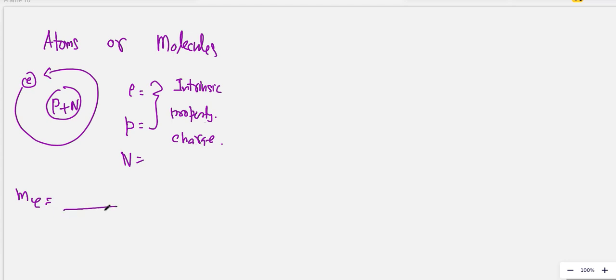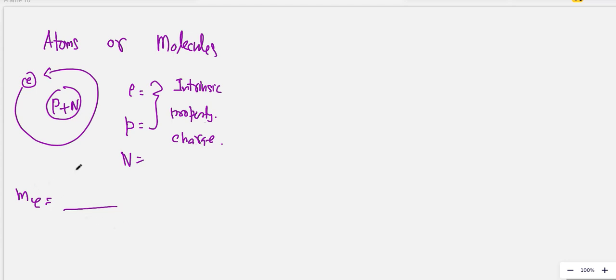So this can be considered a fundamental property or an intrinsic property. Fundamental property means that it does not change even slightly, and intrinsic means that it was created along with this particle.